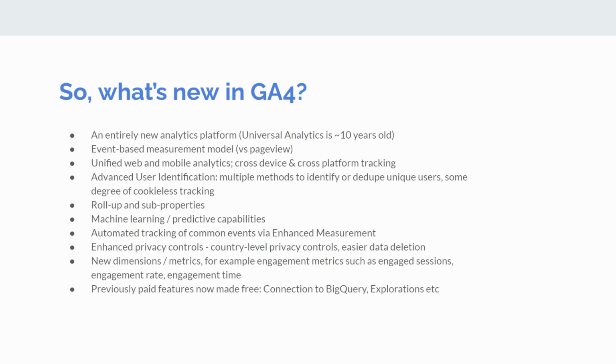GA4 unifies web and mobile analytics. It improves cross-device and cross-platform tracking. GA4 has advanced user identification. It includes multiple methods to identify and deduplicate unique users. And it includes some degree of cookieless tracking. So there are 3 ways now that GA4 can identify users, and I'll touch on those in the following slides.